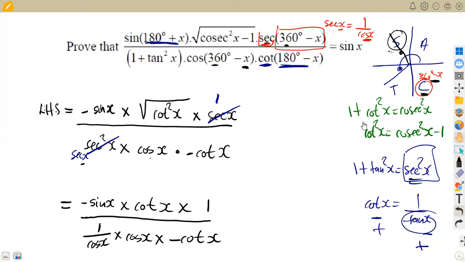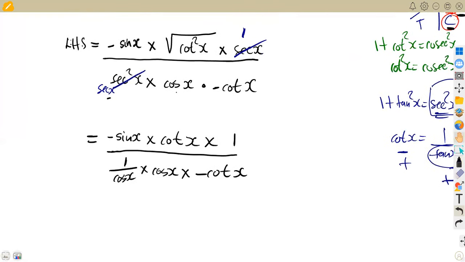All right, now we can cancel and see what's going to happen on this part. Let's try to cancel using our techniques, that the numerator to the denominator can cancel. Cot and cot can cancel. That's cot x and cot x. Also, this part in the denominator alone can cancel each other. So cos x and cos x can cancel.